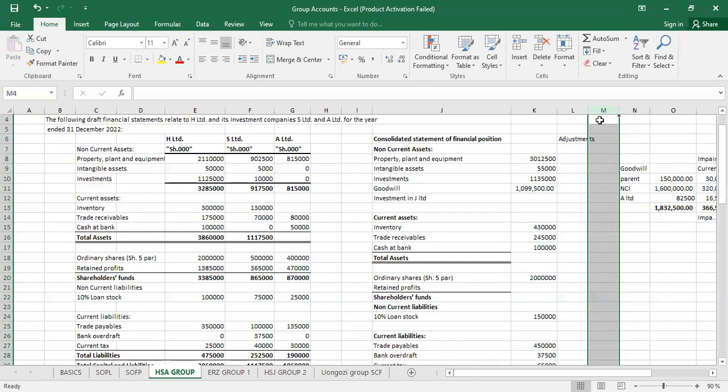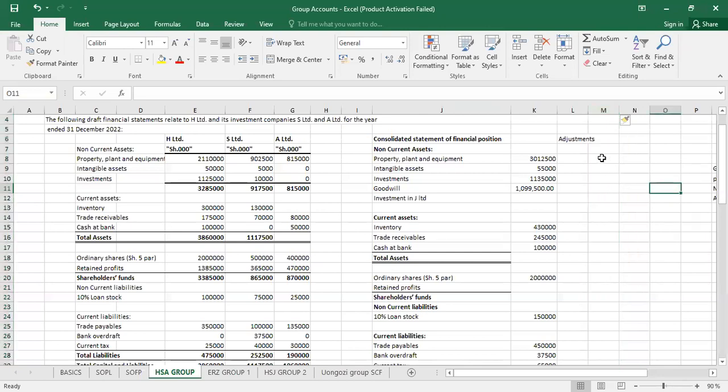So Control Space to select the column, then Control Shift Plus to add some cells there, isn't it? Then the first, the goodwill, we have already taken it. Then there was the intergroup loan, $25,000, isn't it?